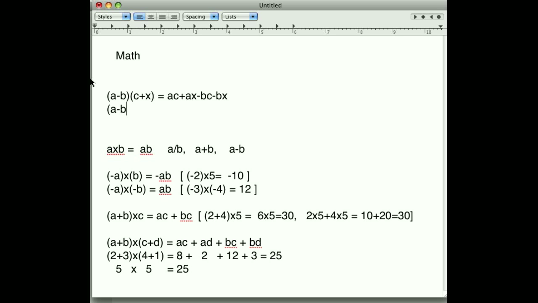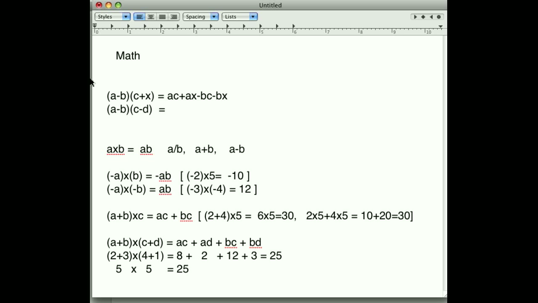A minus B times, and if you noticed, I didn't write the multiplication here, because if you don't write any symbol, it means multiplication in math. So A minus B times C minus D.